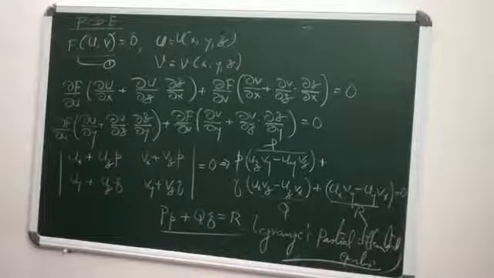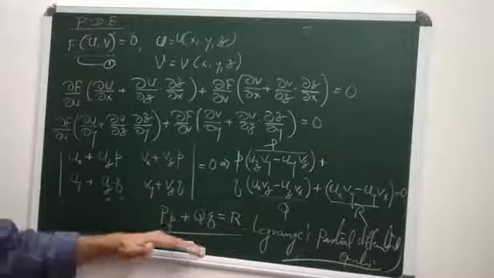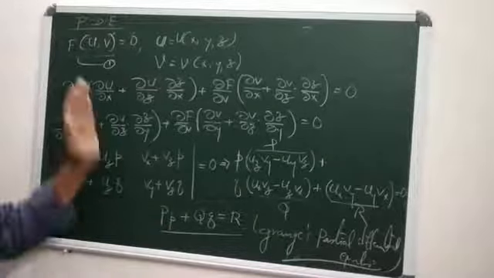Small p is del z by del x and small q is del z by del y.